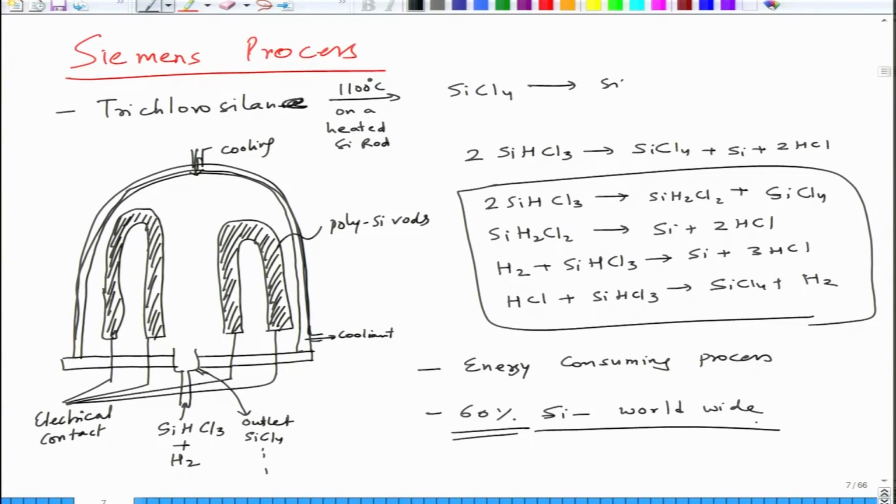So this results in the formation of quite pure, semiconductor grade silicon, and the silicon which comes here gets deposited on these rods, okay, and these rods become thicker and thicker, and then you of course take them out, cut them, make wafers. That is what you do, okay.